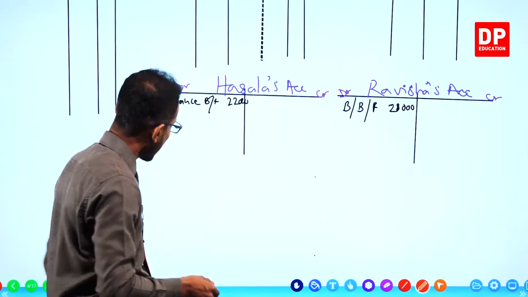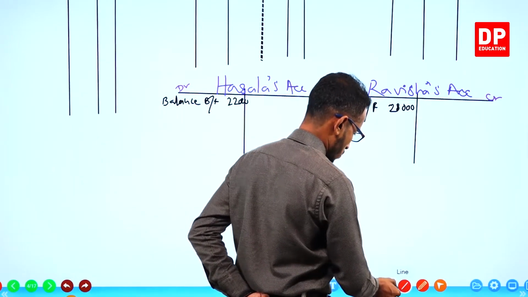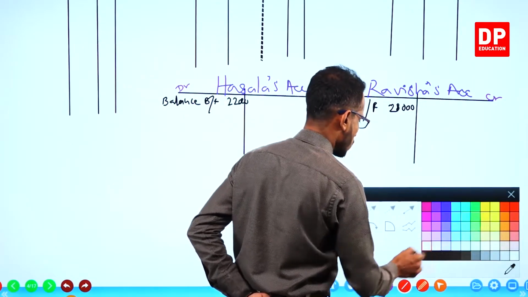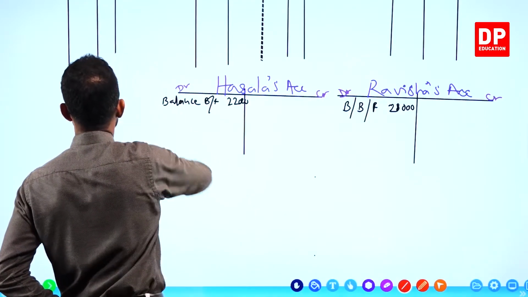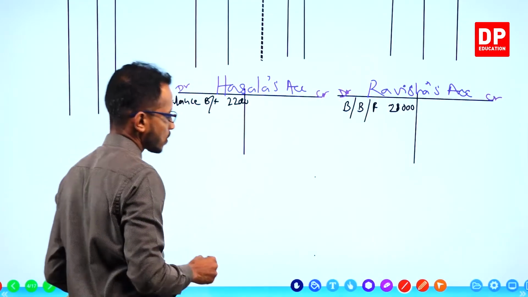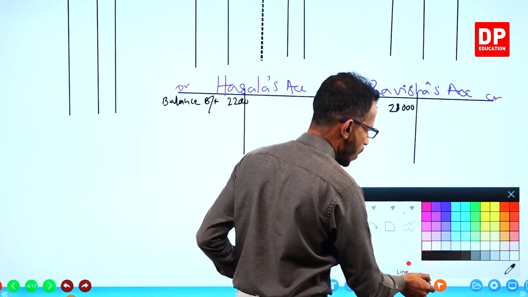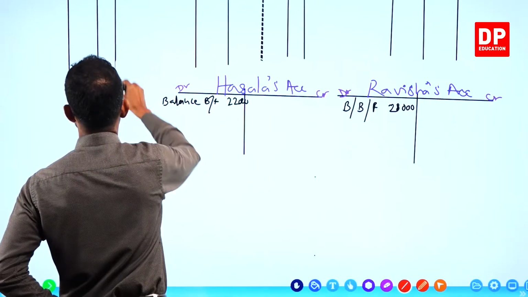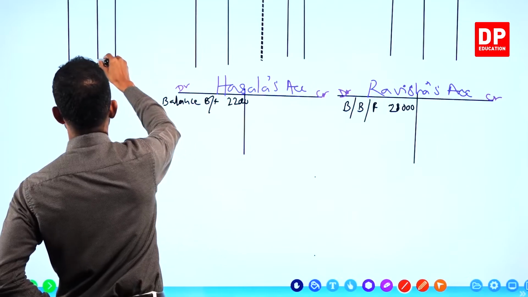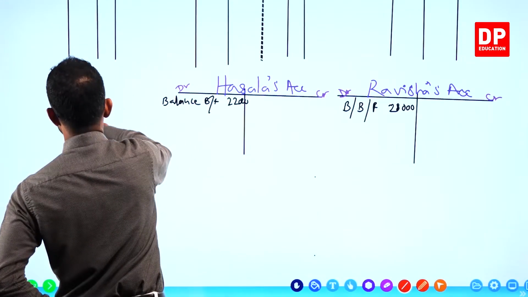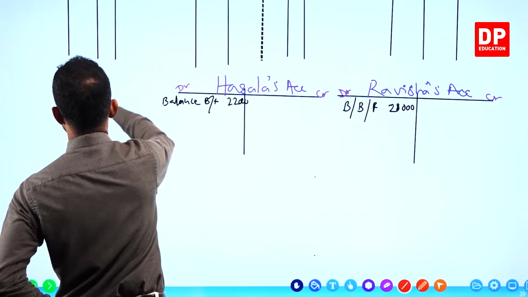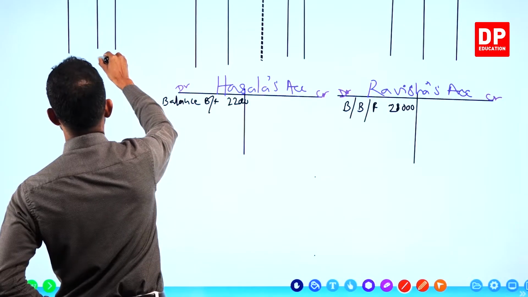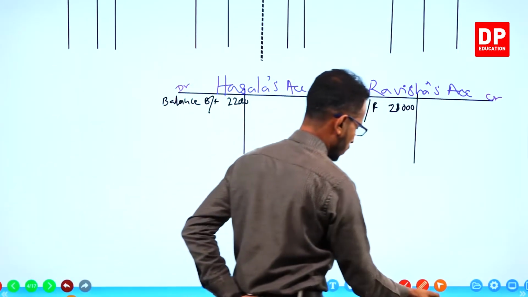Okay, and we are going to draw the capital account. Capital account.